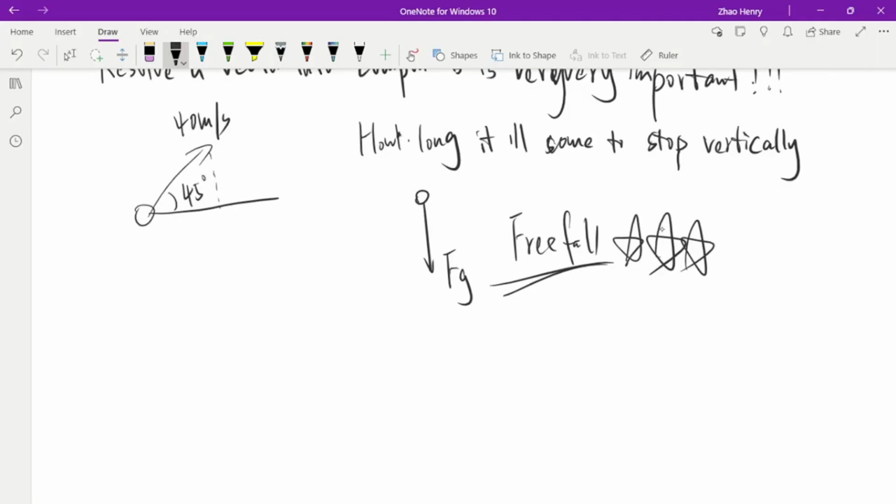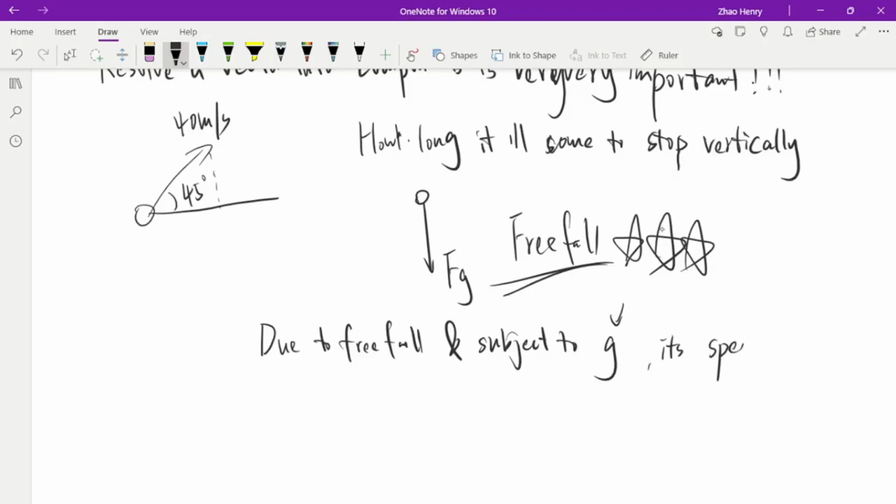This is also a very classical conceptual sentence you will see and use when you're doing the test. Due to free fall and subject to gravitational acceleration, I would just use g. This is gravitational acceleration.